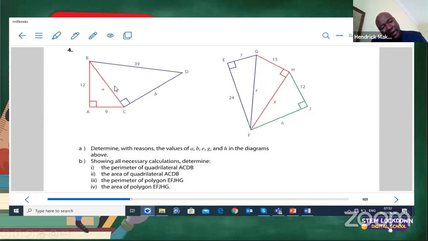Let's use the value of A there, and the hypotenuse side is 39. Let's find B. Can we find B? Is there anyone who wants to try and find B for us? Using this side, the hypotenuse side, 9, and this value.